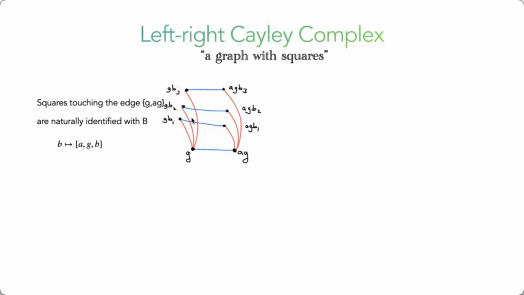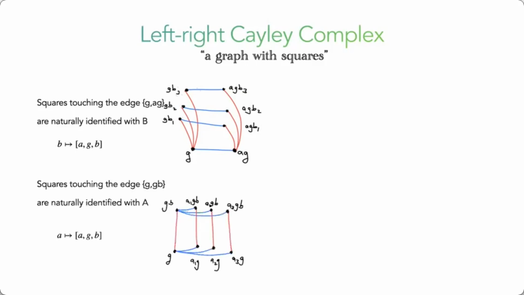So I get this first page, and you see here, it's like a book with a few pages. The edge from G to AG is like the spine of the book, and I have a few pages. And the pages are naturally identified with the different elements of B. If I now move to B2, then I have this square from AG to AGB2 to GB2 back to G. So the pages of an A edge are naturally identified with B. And symmetrically the other way around.